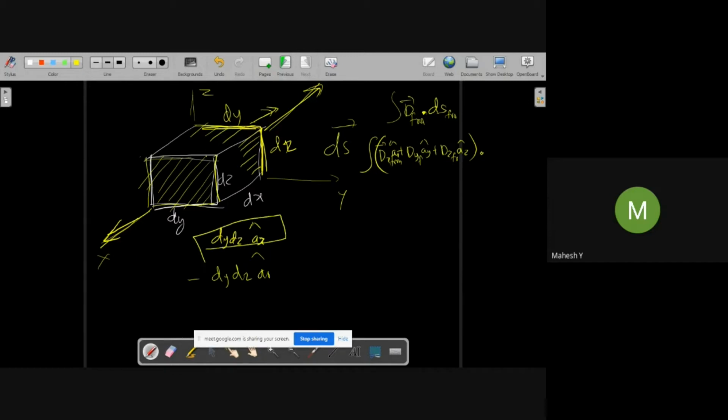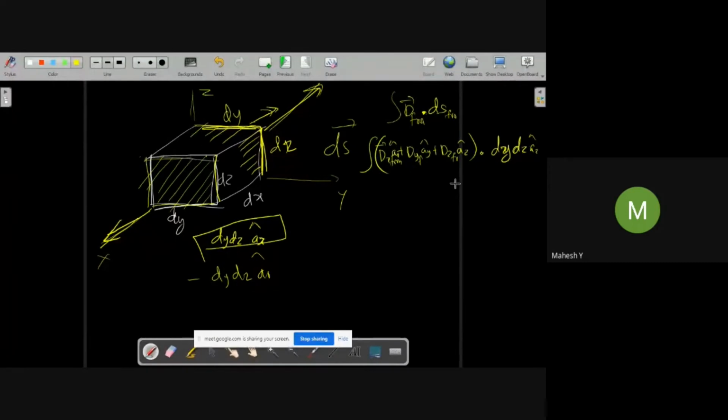We calculated it will be dy dz ax cap, right?